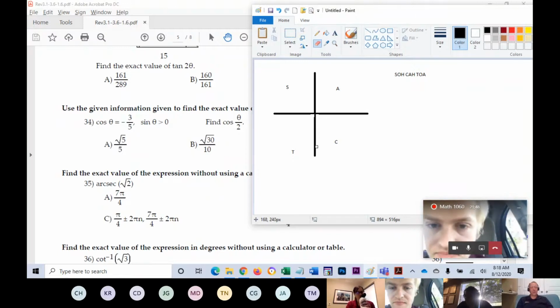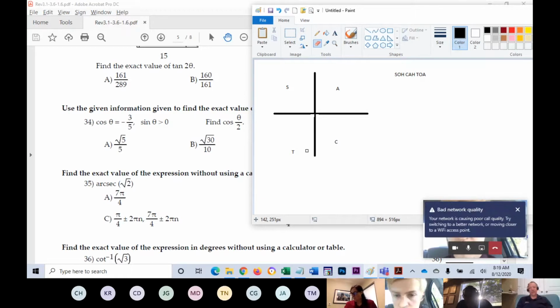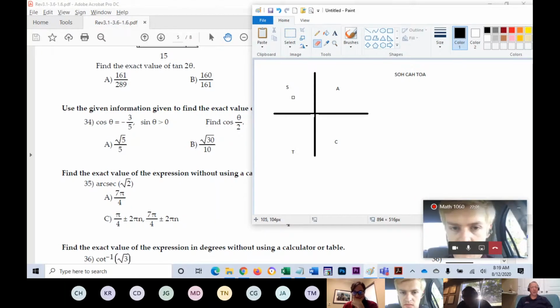It's a 3, 4, 5 triangle, which is really helpful. And the cosine is negative in both of these quadrants, right? Yes. And the sine's positive. Well, the sine's got to be in this quadrant, right? Yep. So therefore, it's got to be in quadrant 2, right?